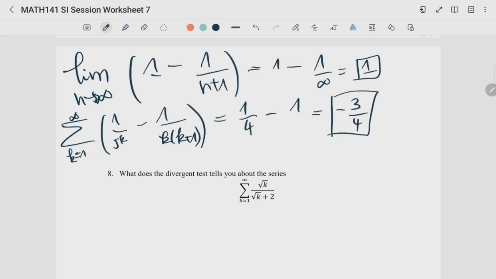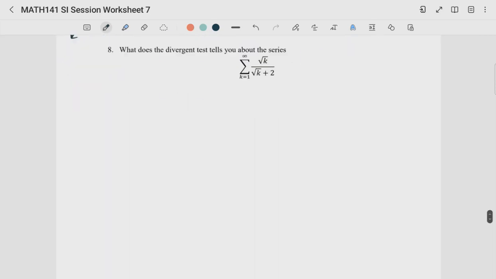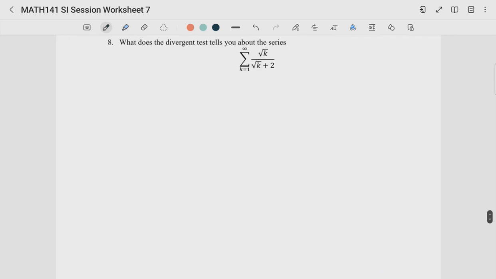Okay. Right. Moving on to the next question, which is asking us to check what the divergence test tells us about the series that's given to us. Well, we are given the series as k goes from 1 to infinity of root k over root k plus 2.